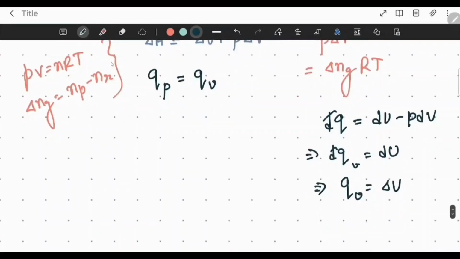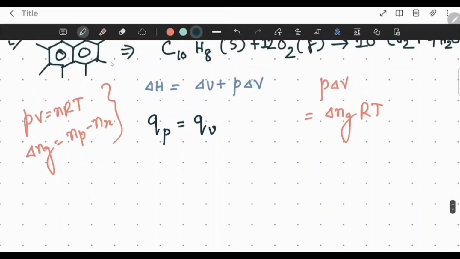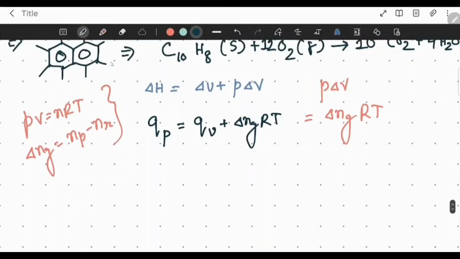And for enthalpy, that is equal to QP, the heat exchanged at constant pressure. QV is given for the constant volume case. So now you can write it as QV plus del NgRT. Now you have to calculate.